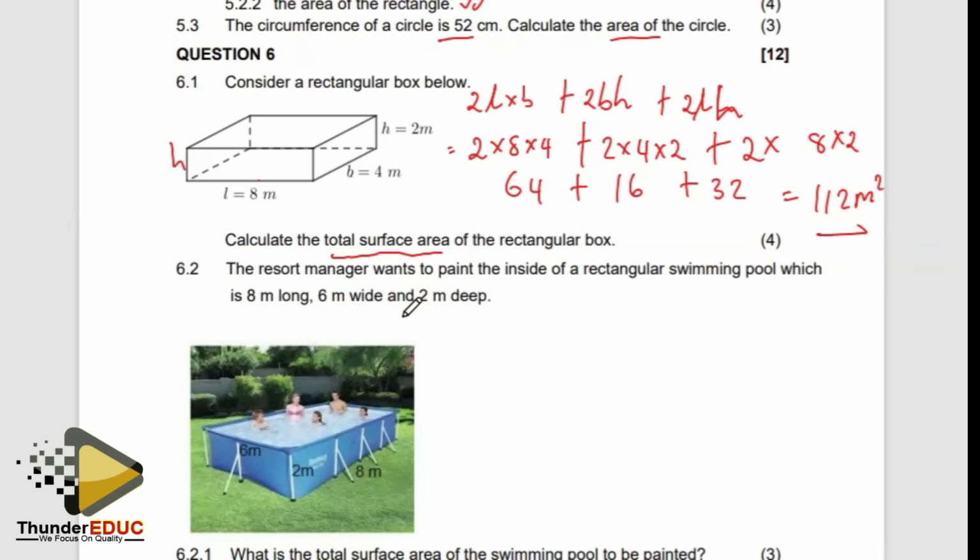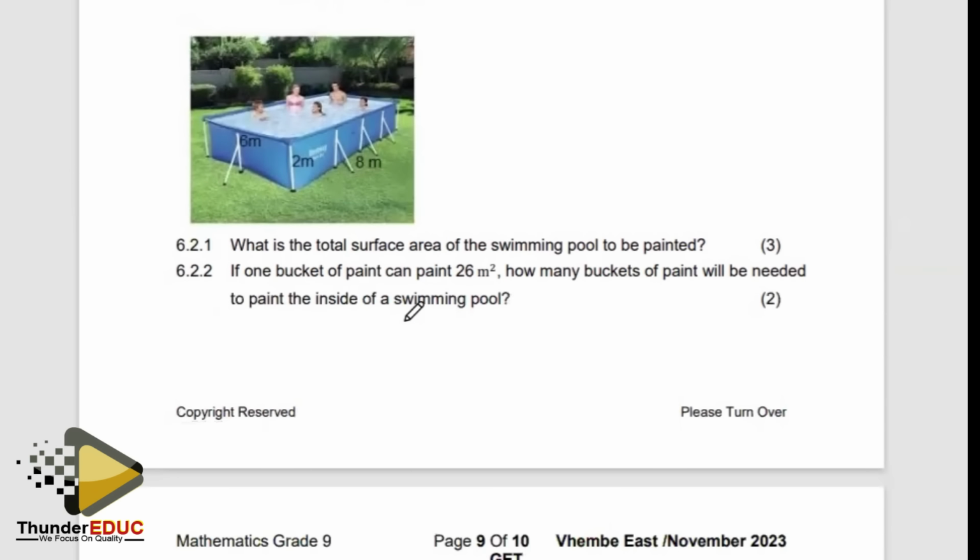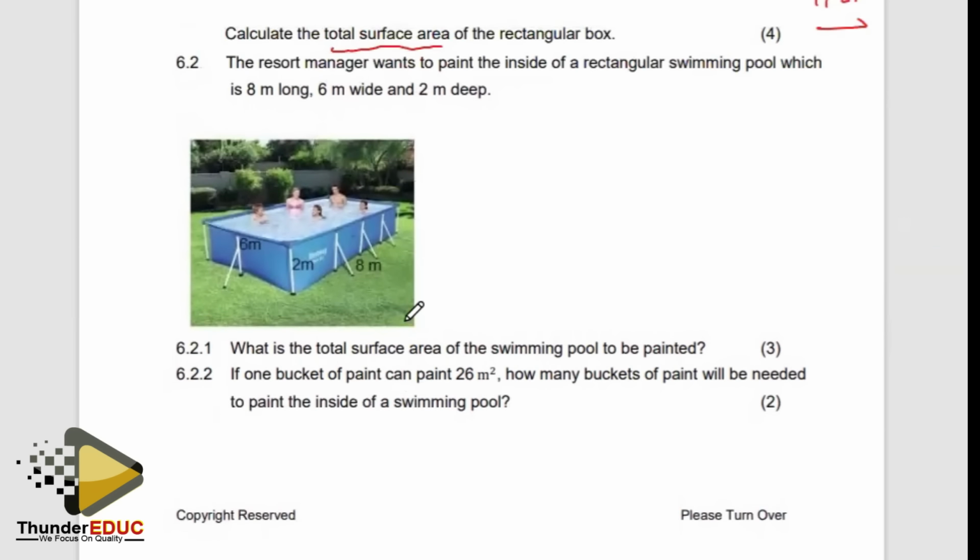Okay, then 6.2. The resort manager wants to paint the inside of a rectangular swimming pool, which is 8 meters long, 6 meters wide, and 2 meters deep. What is the total surface area of the swimming pool that must be painted?